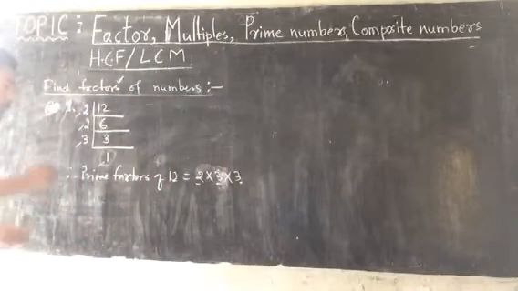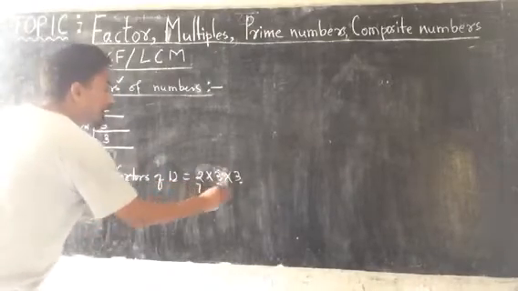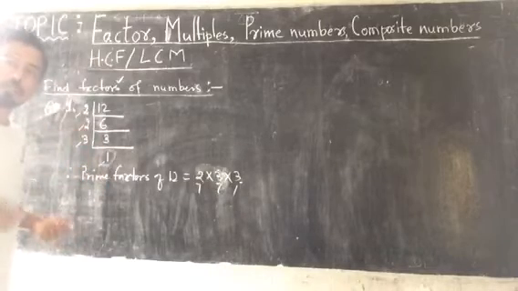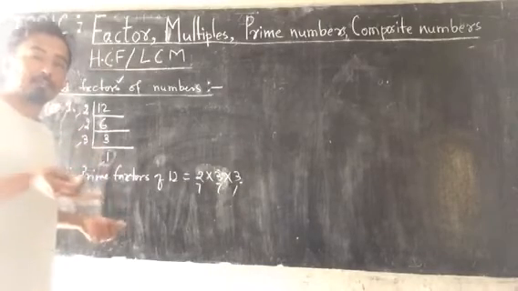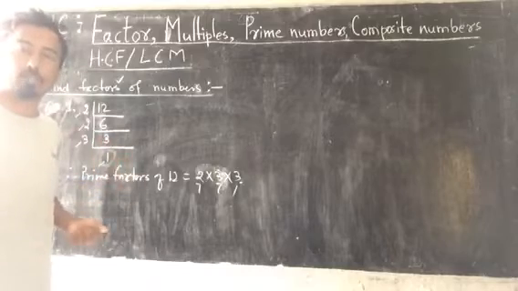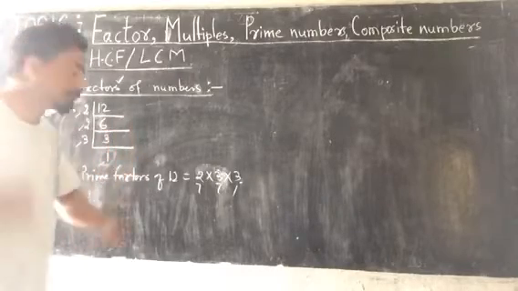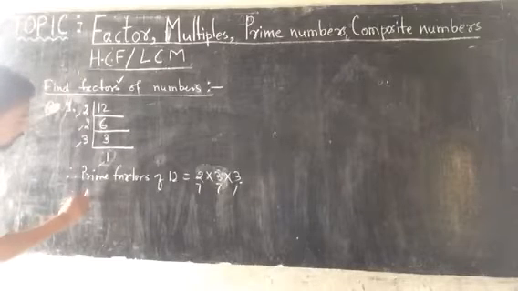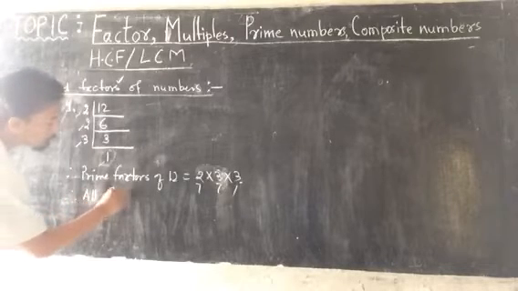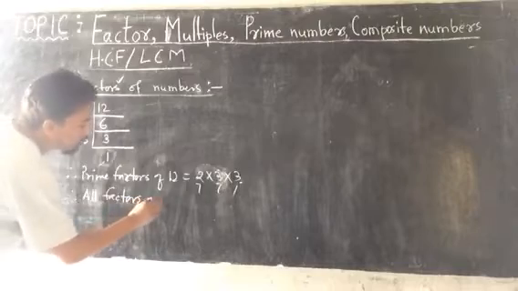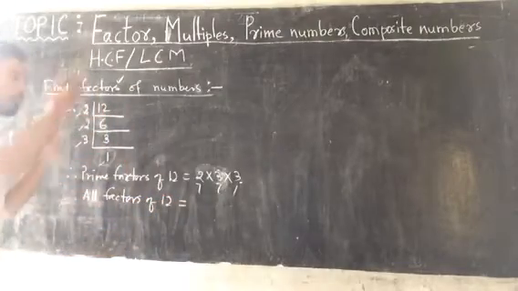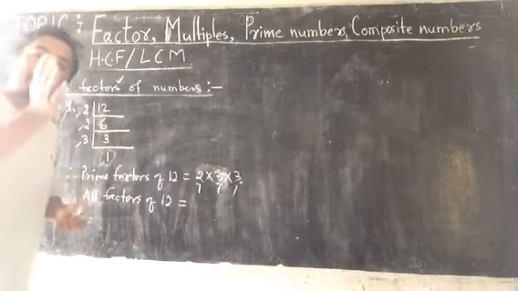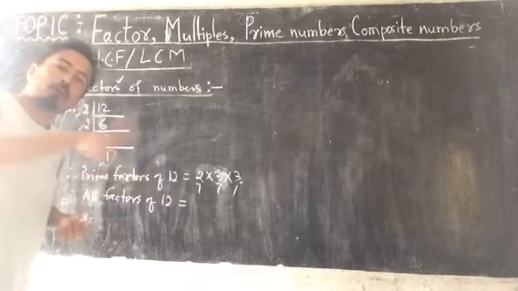Now, these are only the prime factors. But 12 has many factors. How to find all the factors of 12? Very simple. So, if you have to find all the factors, it means prime factors, composite factors, all factors.